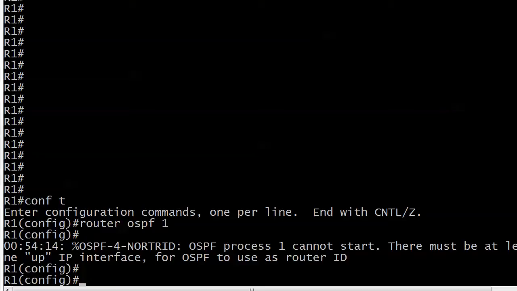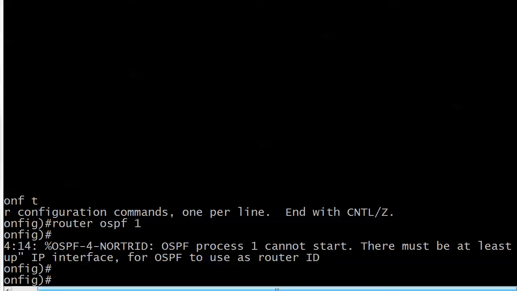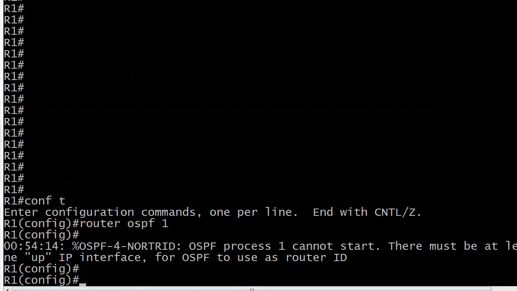Then you just have to shrug it off and say, okay, what information am I being given? And here we are being told after that the process cannot start. There must be at least one up IP interface for OSPF to use as the router ID. So one of the question choices did mention the RID, and it can be either the physical or the logical. It doesn't have to be one or the other.